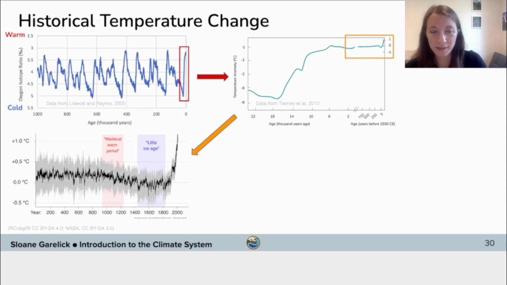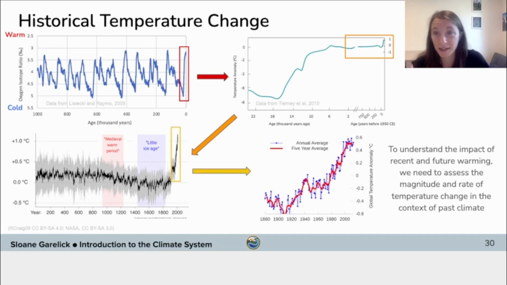To examine this a bit further, we can zoom in once more to look at the historical temperature since 1880. Looking at this record, we can very clearly see that the rate and magnitude of warming has increased over this time. Over a period of about 100 years, global temperatures have increased by about 1 degree Celsius and are continuing to rise.